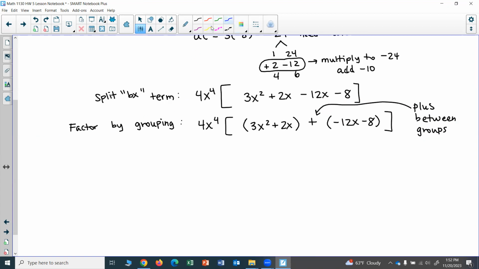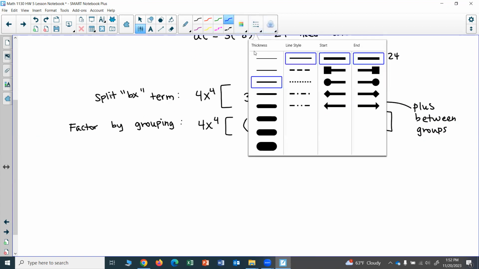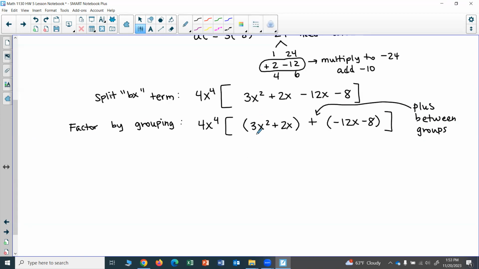All right, now I look at each group individually, and in this first group, 3x squared plus 2x, my GCF is just x. In this second group, I want to pull out the negative with my GCF. So my GCF, I'm going to pull out a negative 4. So pull out the negative because the leading term is negative.